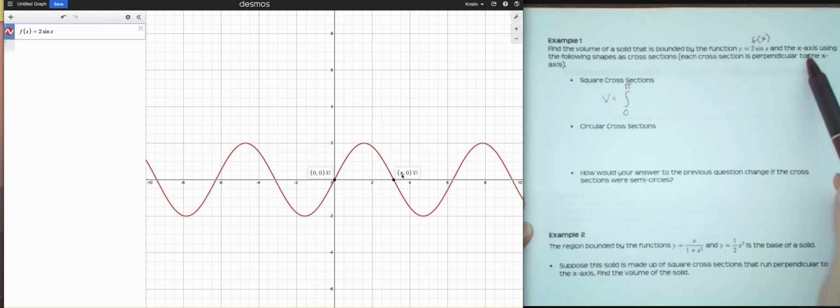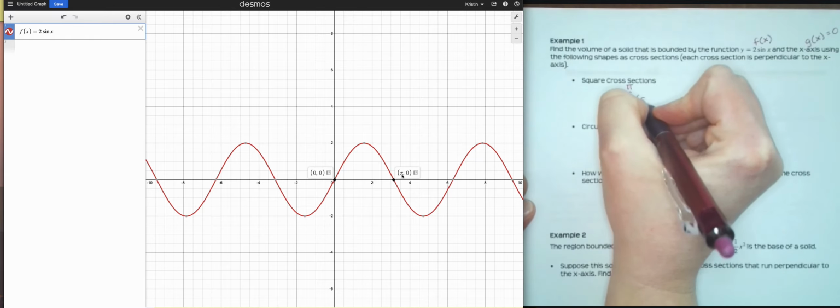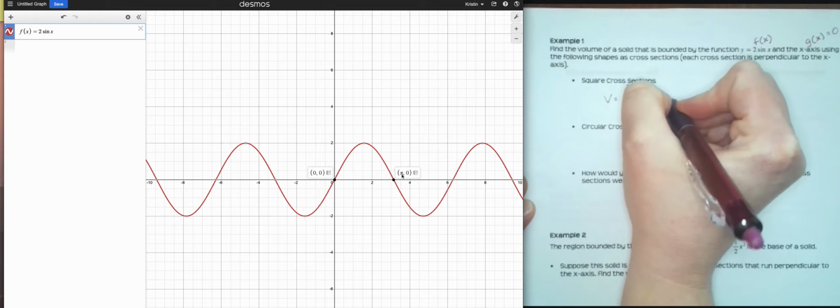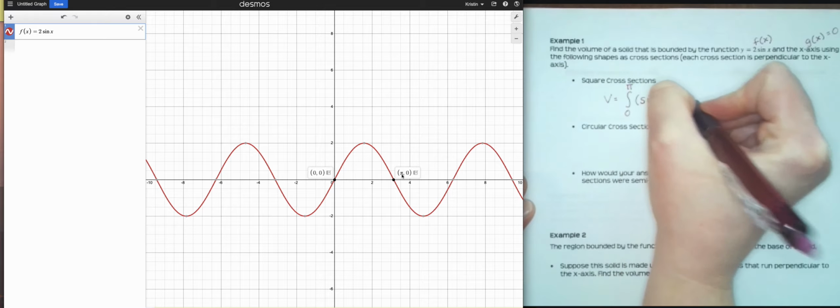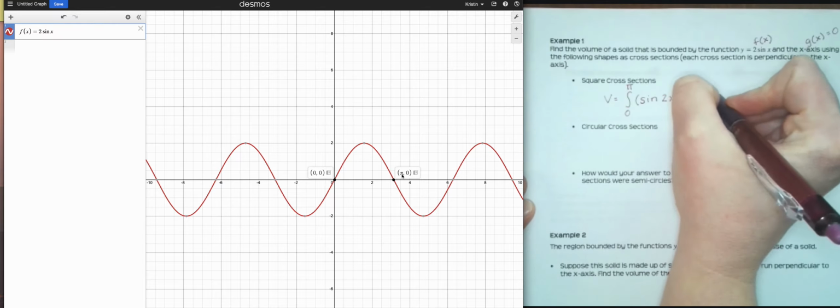I'm just intersecting with the x-axis. So my g of x is actually 0. Okay? So inside here, I'm just going to say, let's do my f of x, my 2 sine of x, minus my g of x, which is 0. And then take that whole thing and square it.